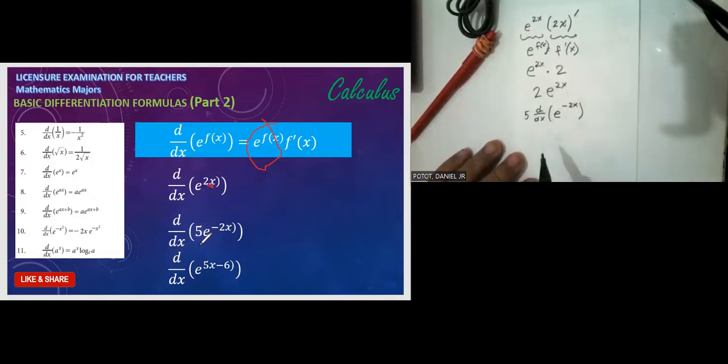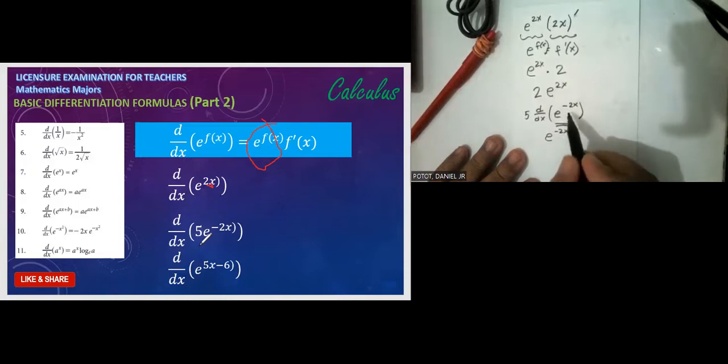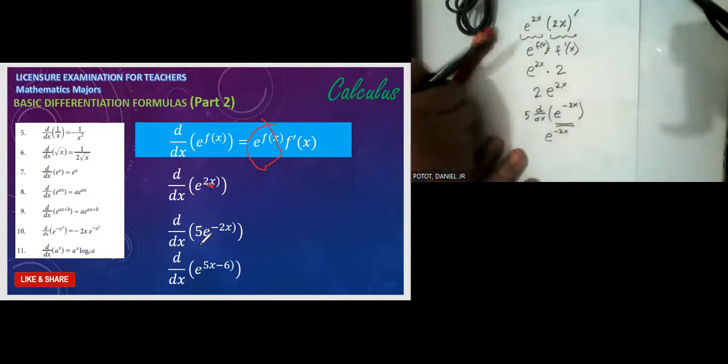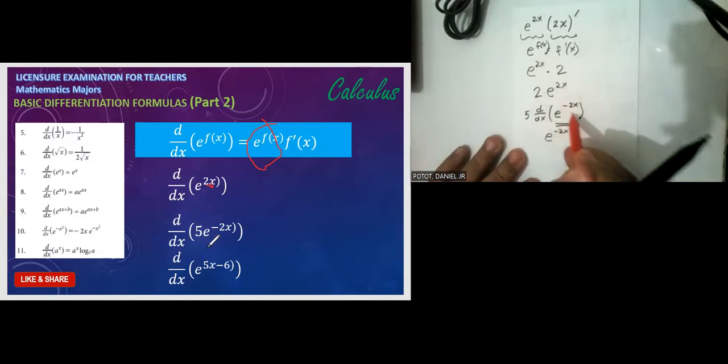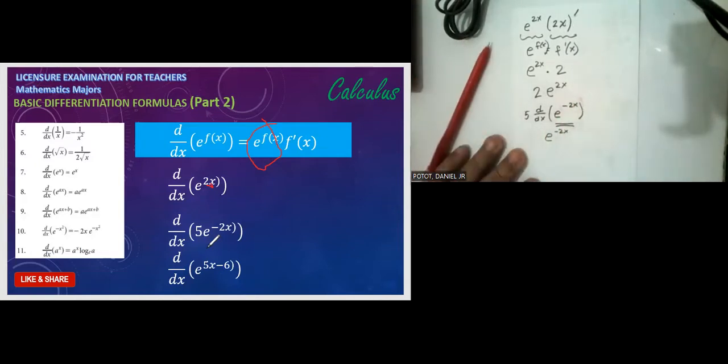So this one now here, you need to work out the derivative of this for a while. According to the formula, you just simply copy this, and you take the derivative of negative 2x, which is actually negative 2.